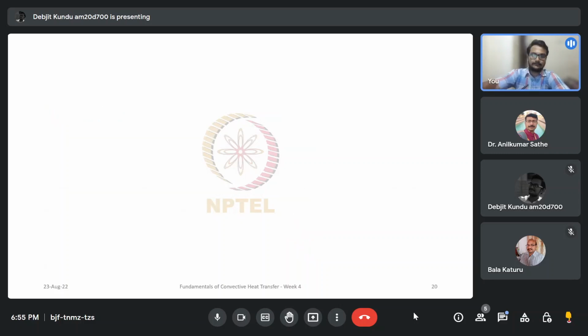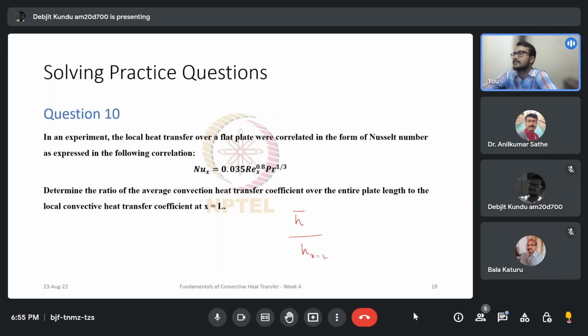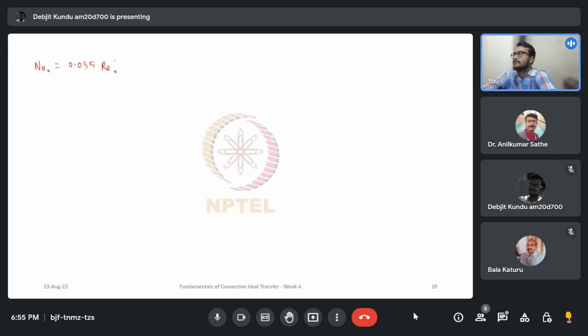So I have this additional page over here. I will write down the function given. Nusselt number x is equal to 0.035 Re x to the power 0.8 and Prandtl number to the power 1 by 3. This Nusselt number x can be written as h x by k.